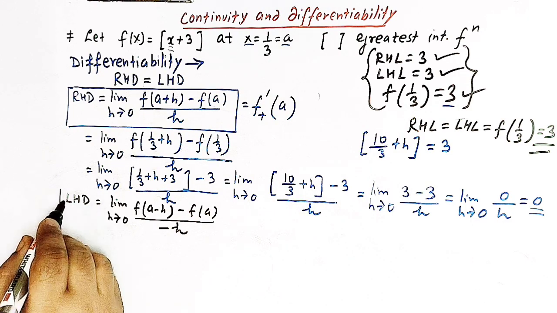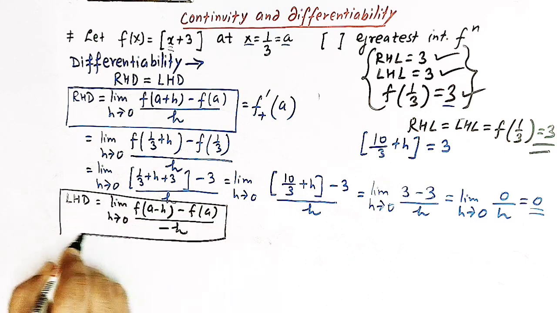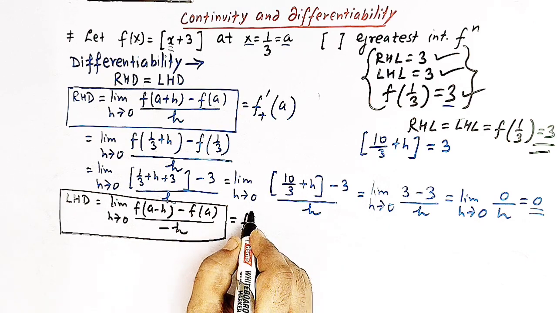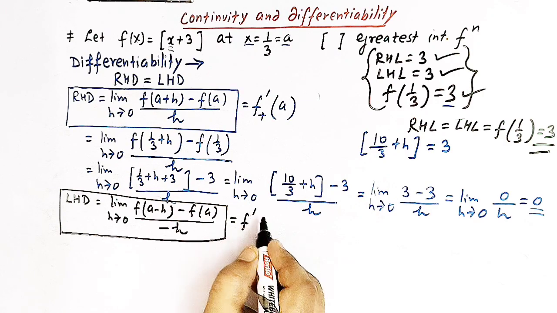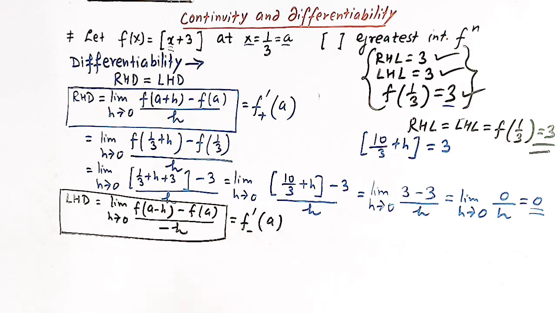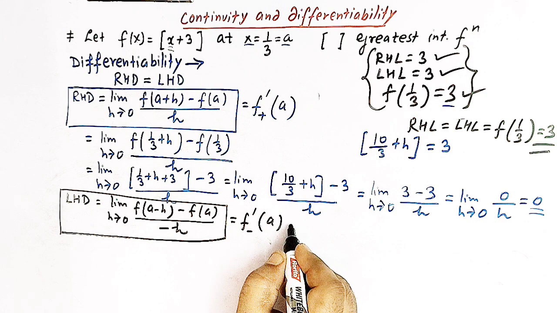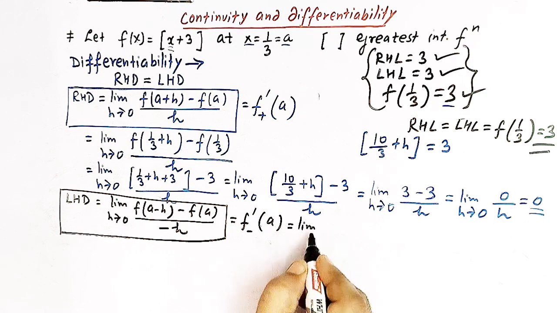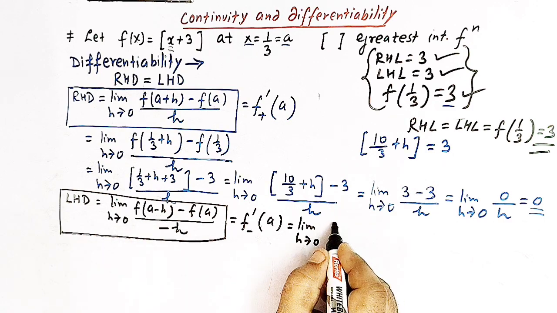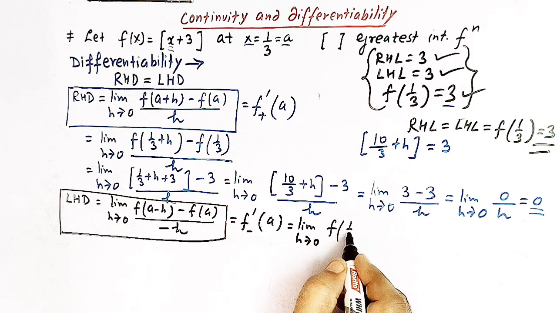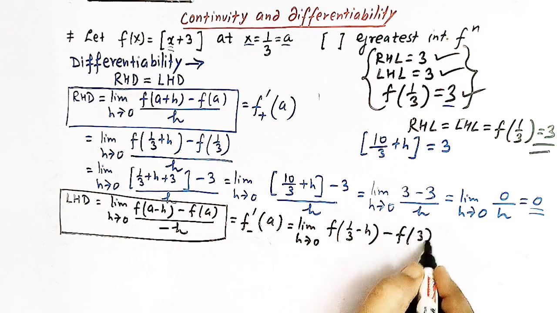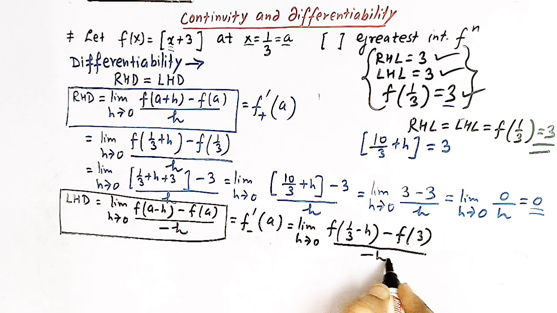So this limit gives us the left hand derivative, and this notation may also be used: f prime, here we have a and here we put a negative sign, right? So now we have limit h tends to 0, and f(a - h) is f(1/3 - h) minus f(1/3) divided by minus h.